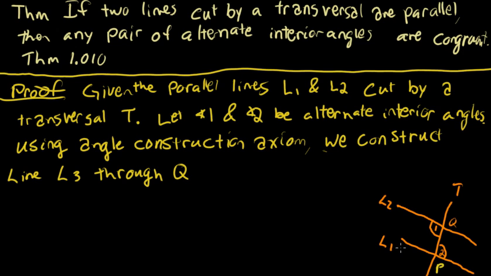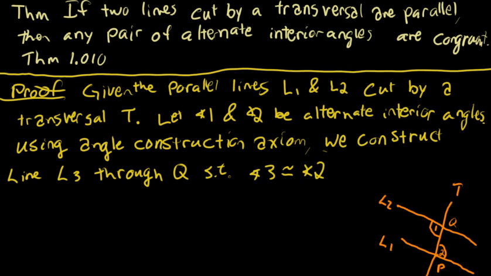We'll call this one point P. Anyways, line L sub 3 through Q, such that angle 3 is congruent to angle 2.